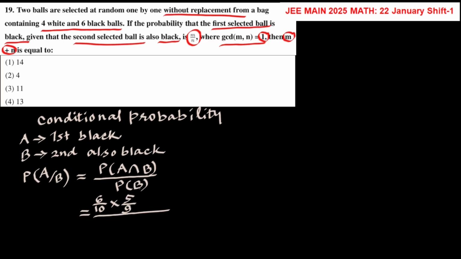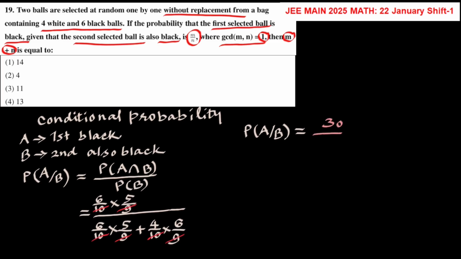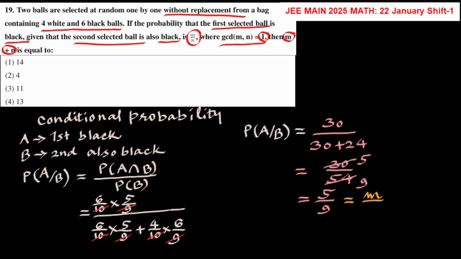In the probability of B, first ball black out of 10, second ball also black out of 9, plus first ball white out of 10 into second ball black out of the remaining 9. Cancelling 90 in the denominator, 30 upon 30 plus 24, 30 upon 54, 5 upon 9. 5 and 9 are co-primes, which is given to be m upon n. So the required m plus n is 5 plus 9, 14. Hence the correct answer option is 1, 14.